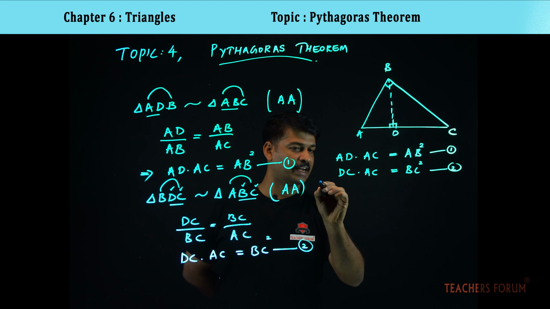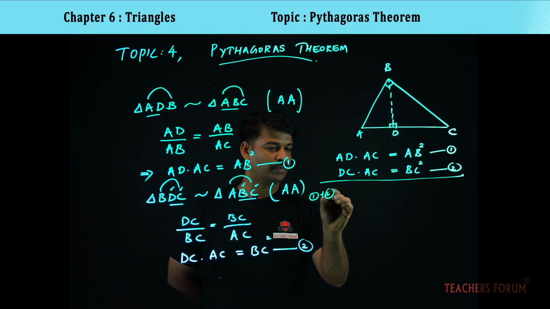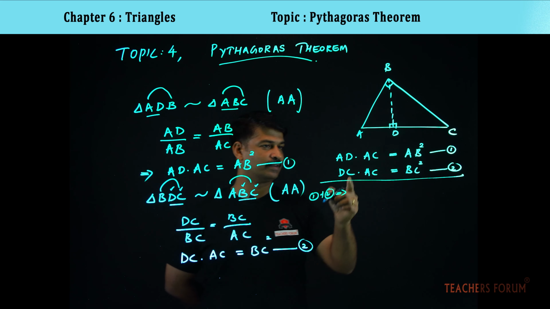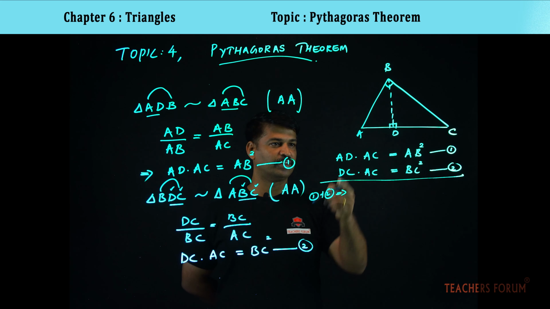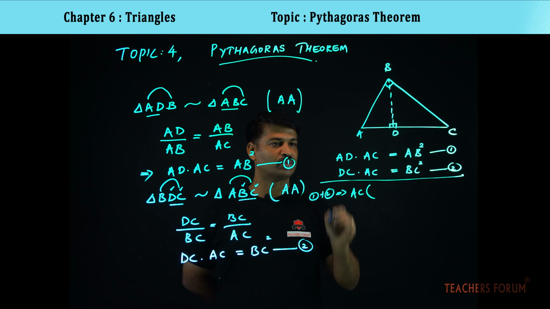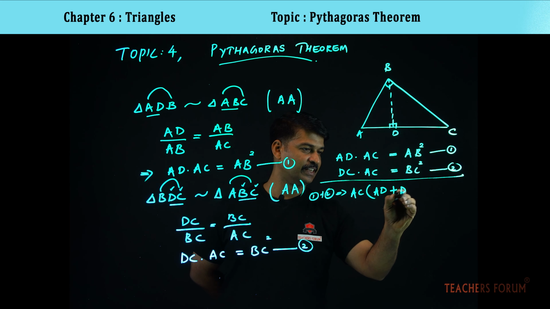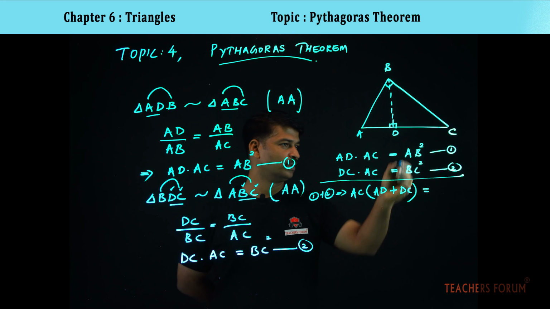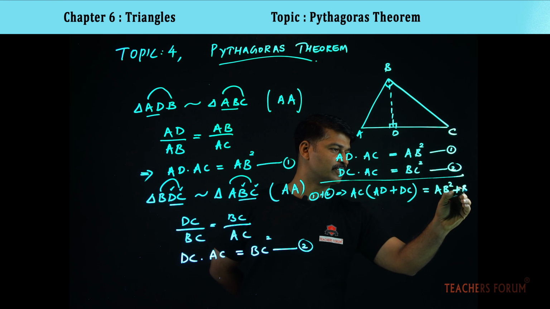Now, let us just add equations number 1 and 2. When you add, you will get AD into AC plus DC into AC. When you add these, what is common? AC is common. That can be taken outside. What is remaining? AD plus DC is equal to AB square plus BC square.